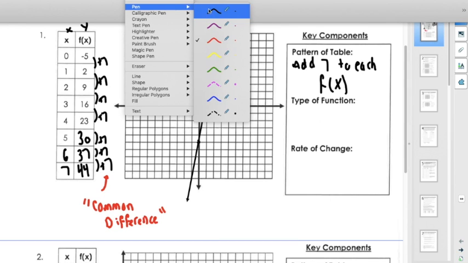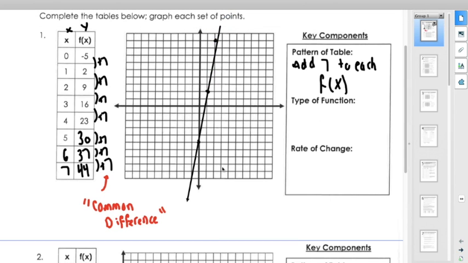Now, back to the key components. Type of function: well, this is a linear function. It's a straight line. Rate of change: what does rate of change mean? Well, for linear functions, we always said that the rate of change was the slope, at least for linear functions. The rate of change is the slope. And in this case, it's not changing at all.